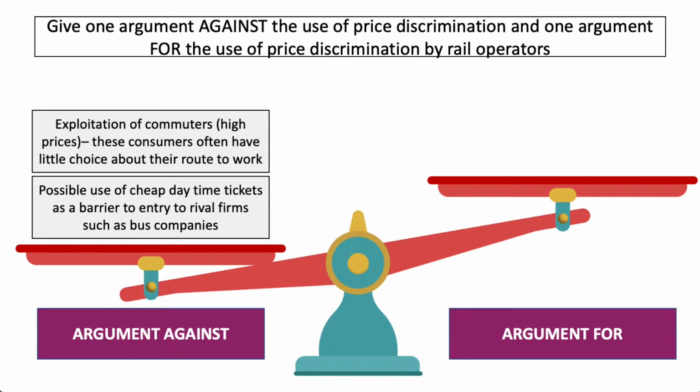The classic one that a lot of you are coming up with, exploitation of commuters because they have to pay the high prices. These consumers often have little choice about their route to work. So it is exploitation. So these are arguments against price discrimination. Now, more tricky is coming up with arguments for.